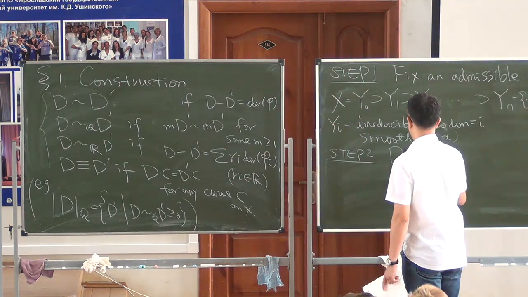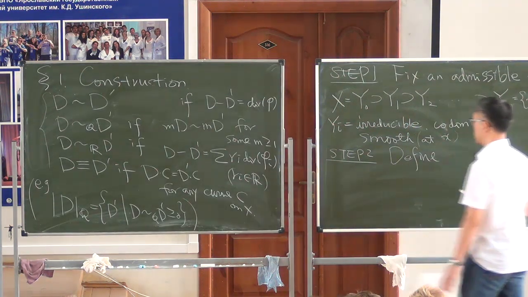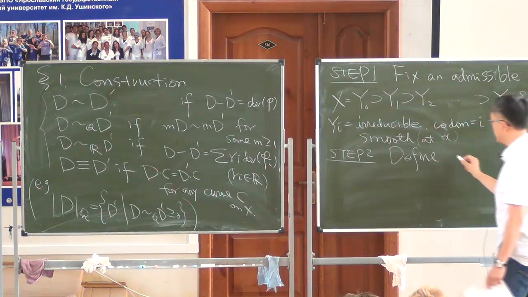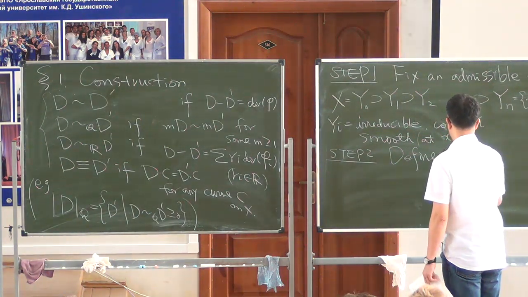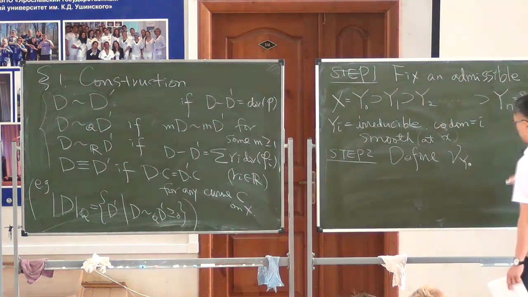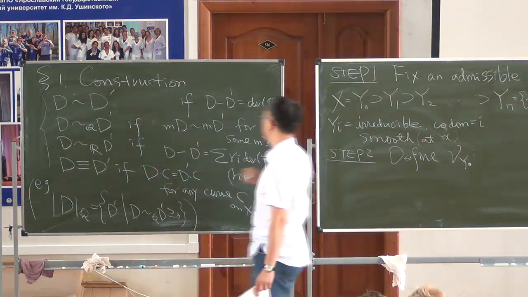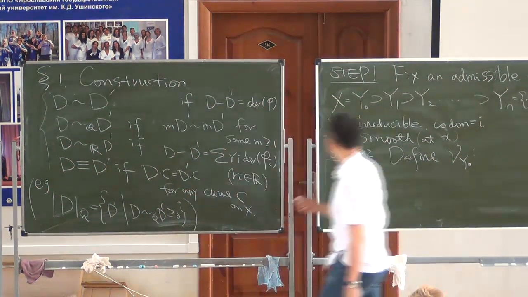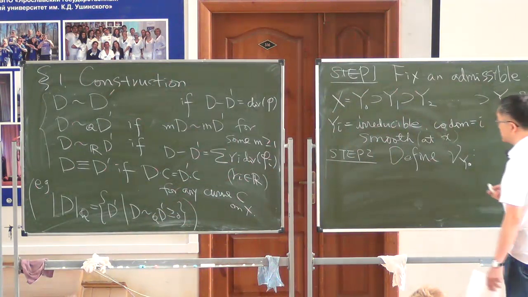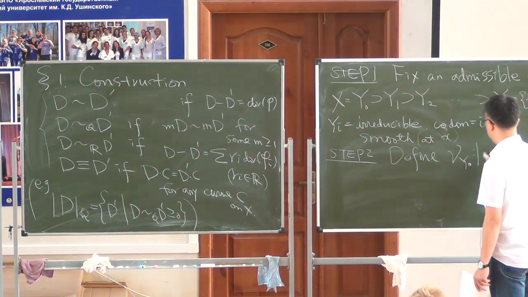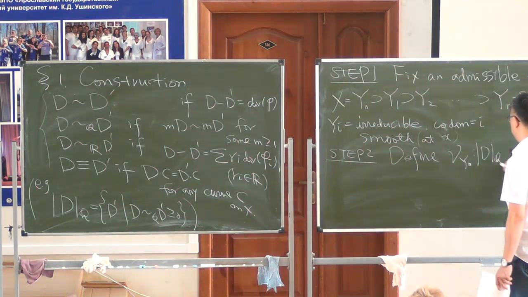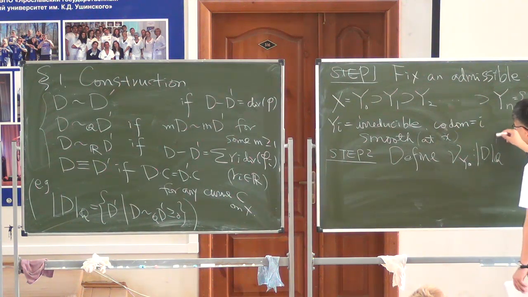Define a function. Your domain is one of these linear systems. So let's use Q, or you can change this to R. Actually, you can even change this to numerical equivalence.